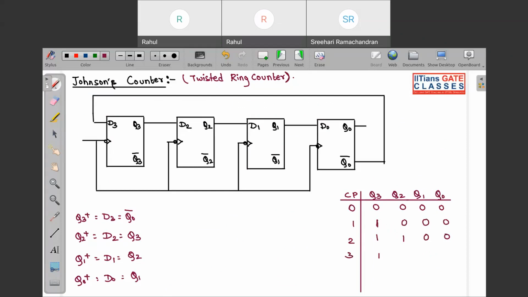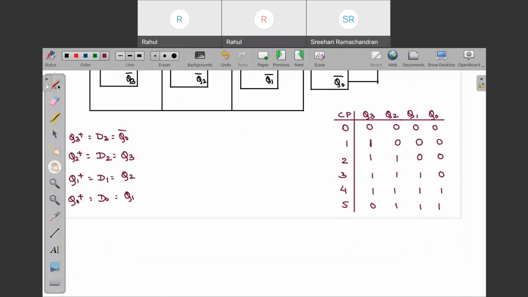In the third clock pulse it will be 1 1 1 0. In the fourth clock pulse it will be 1 1 1 1. In the fifth clock pulse this will be 0 1 1 1. In the sixth clock pulse this will be 0 0 1 1. In the seventh clock pulse it will be 0 0 0 1. And in the eighth clock pulse this is again going to be 0 0 0 0.